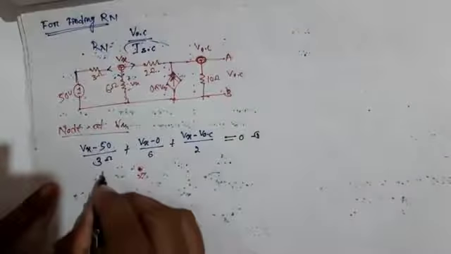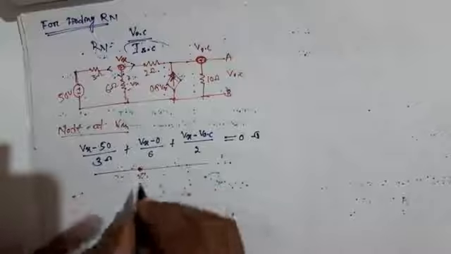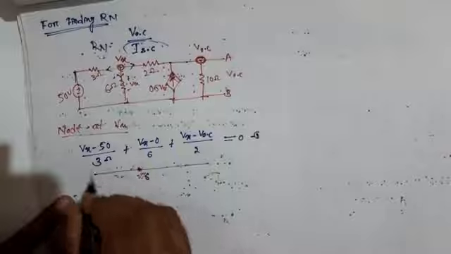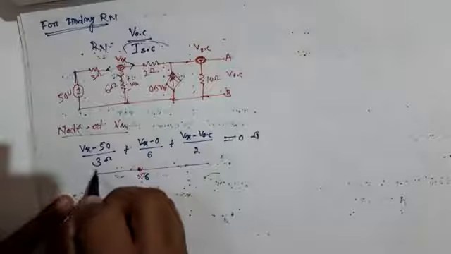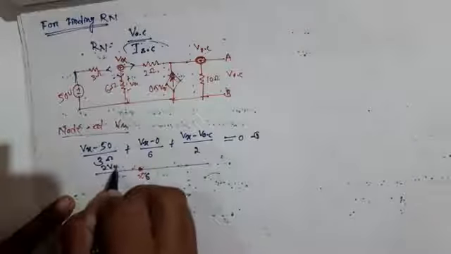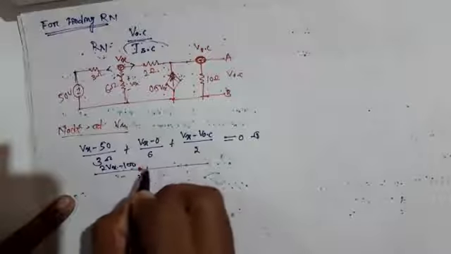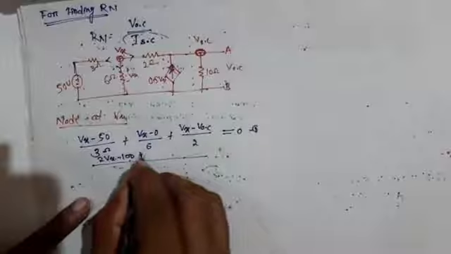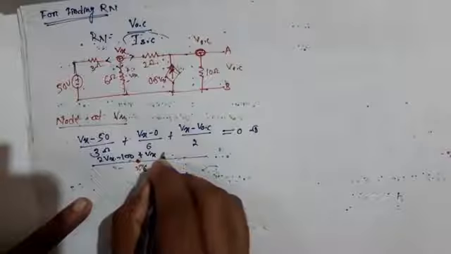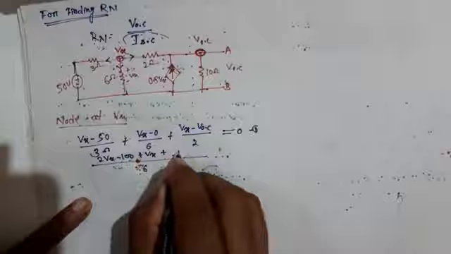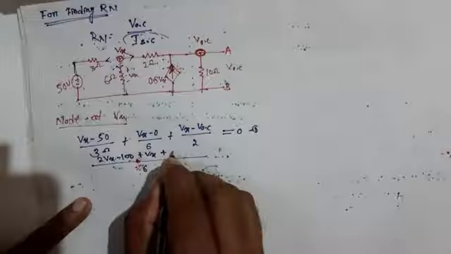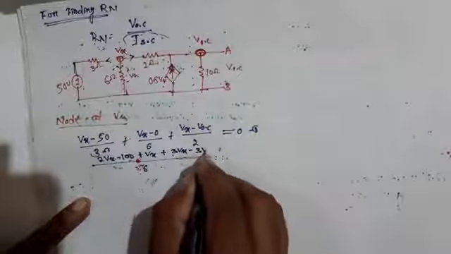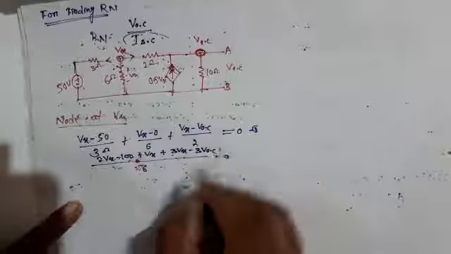This is the first equation. If we modify this equation, the LCM is 6, and this is 2Vx minus 100, plus Vx, plus 3Vx minus 3VOC is equal to 0.